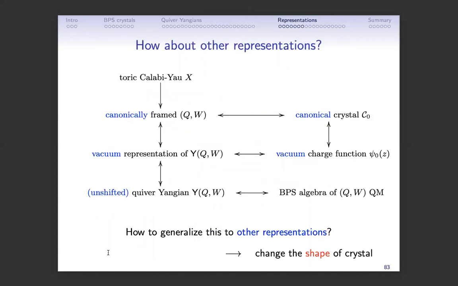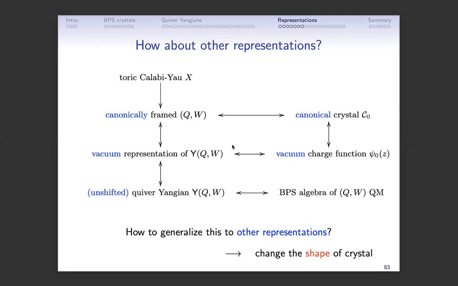This is the connection of all these concepts I mentioned that have appeared until now. We have this canonical crystal, which is basically given by the vacuum charge function.